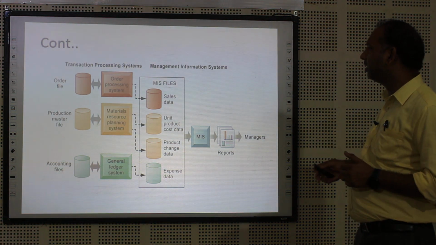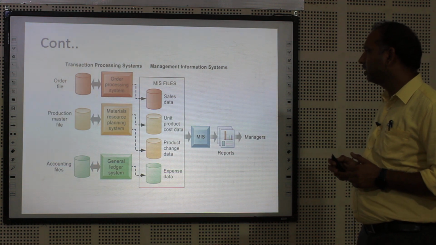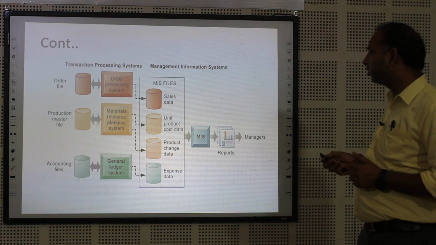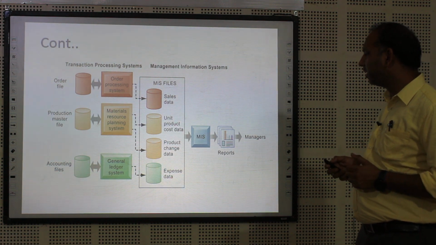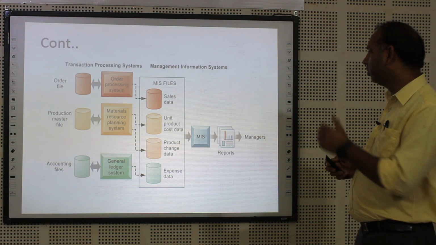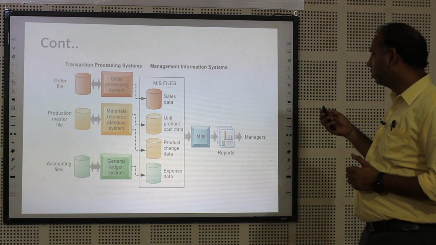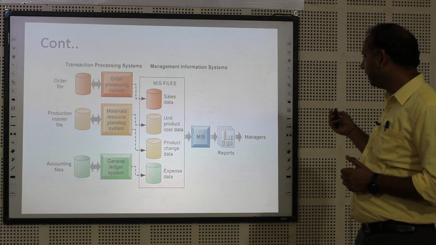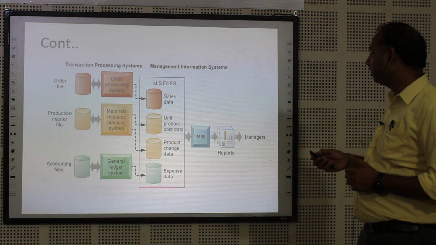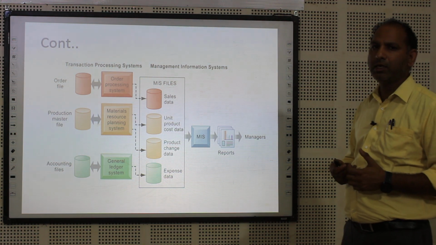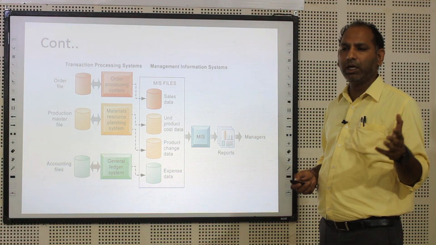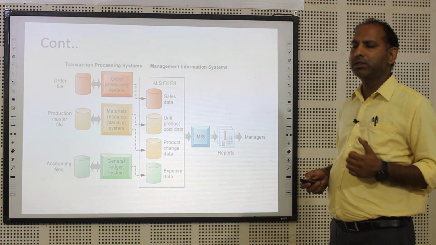All these files are gathered at the MIS database, where sales database, unit product cost database, product change database and expenses database are available. Finally it goes to the managers in the form of report systems. The reports represent which type of transactions are coming in and going on in the system.